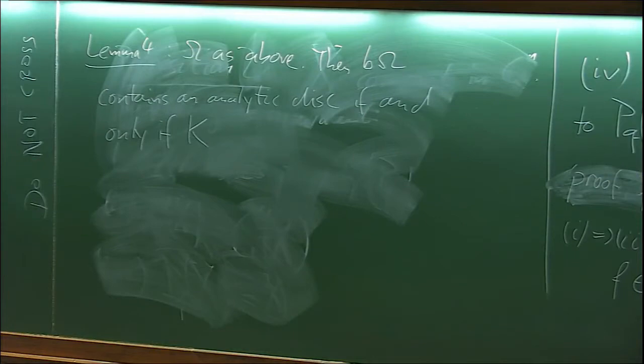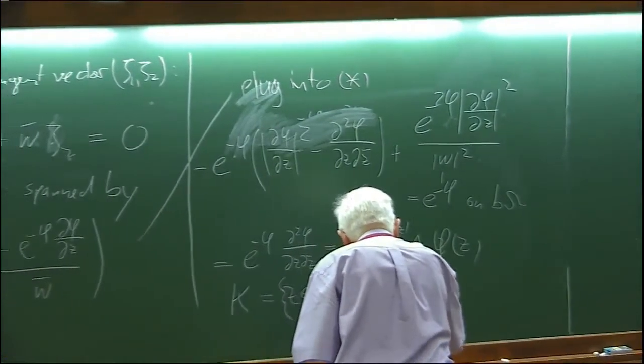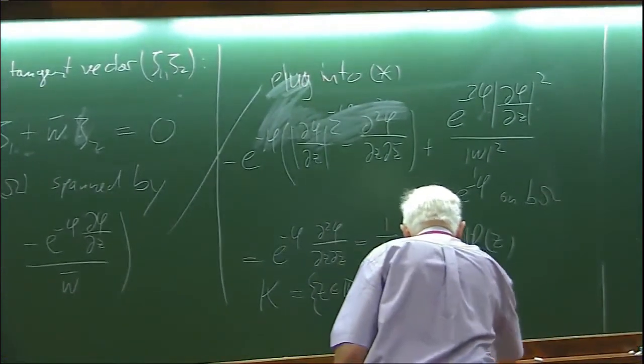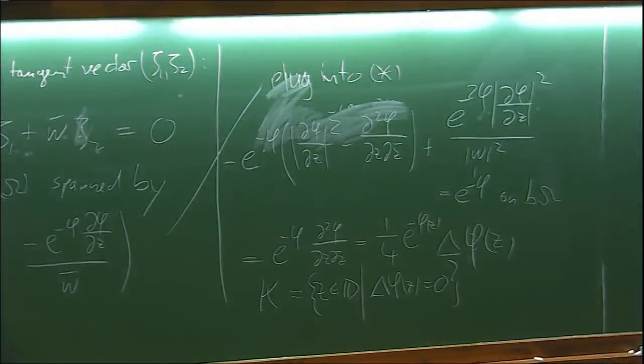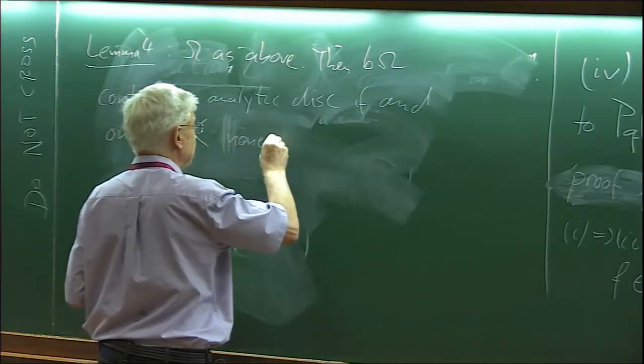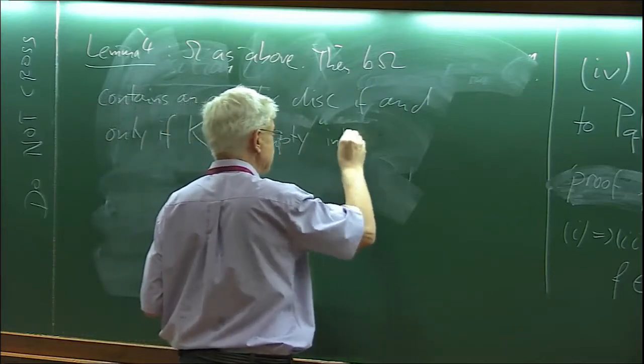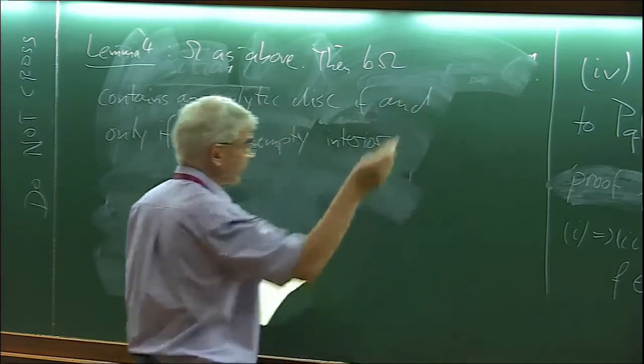Capital K should be the set of points C where the Laplacian of phi vanishes. If K has non-empty interior, just in the Euclidean sense.